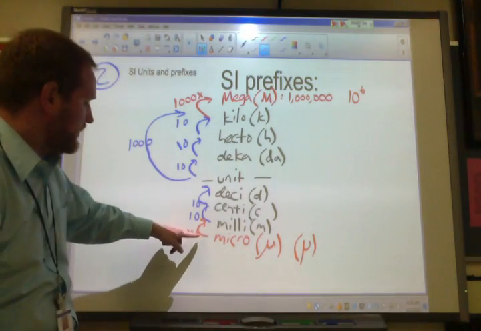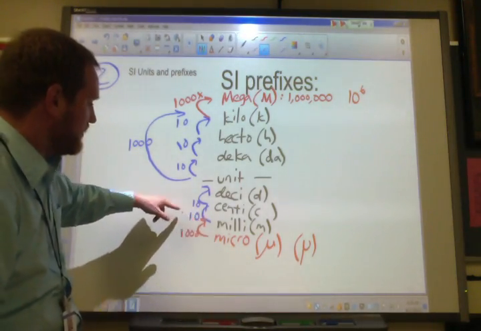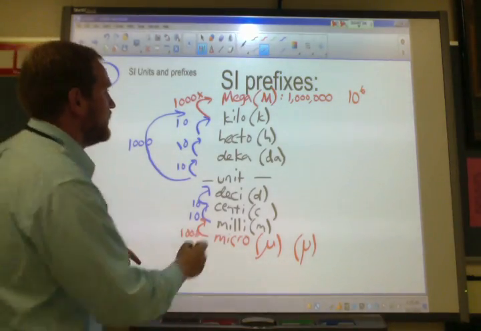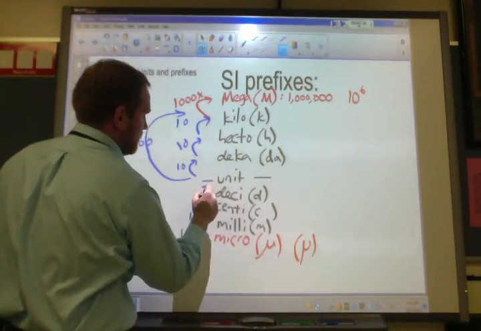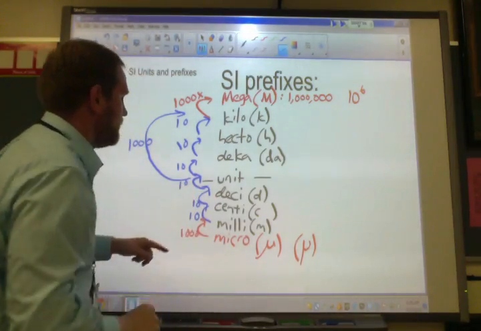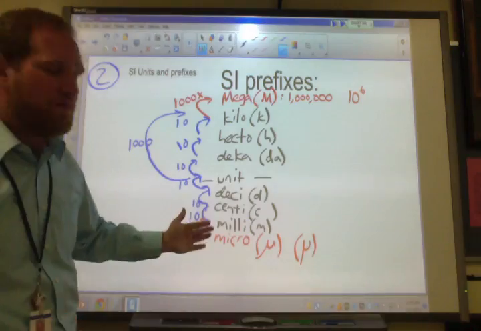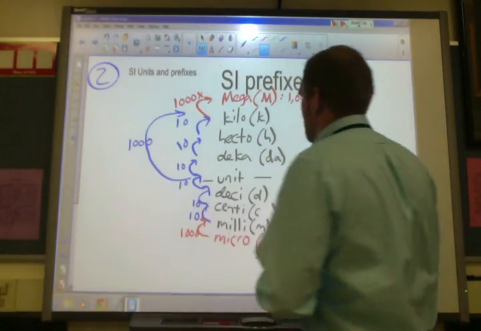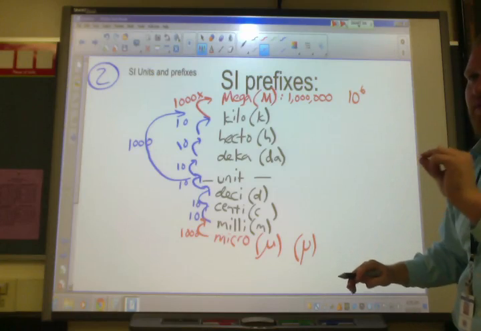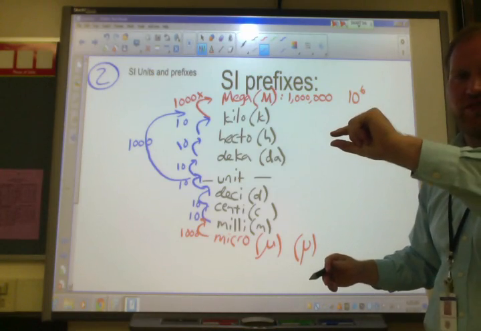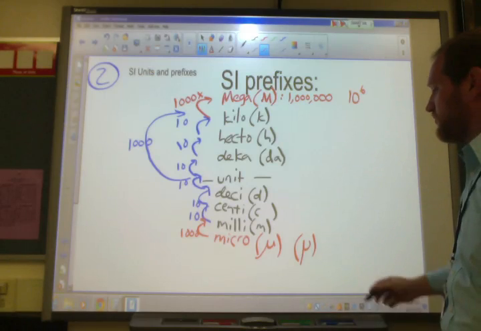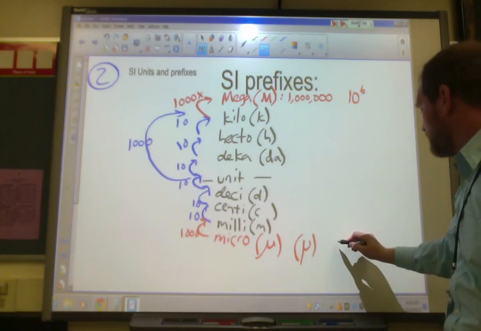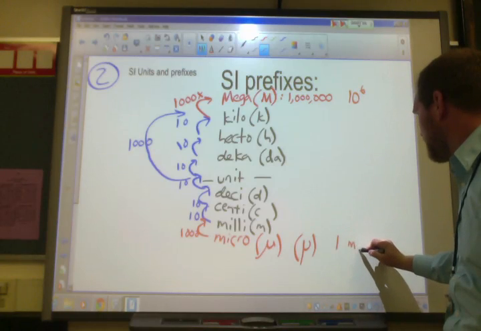So therefore, if it's 1,000 times smaller than a millimeter, and a millimeter is 1,000 times smaller than your regular unit, it's going to be 1/1,000,000th for this. So a micrometer, which is commonly called a micron, would be 1,000,000 times smaller. So 1/1,000,000th.